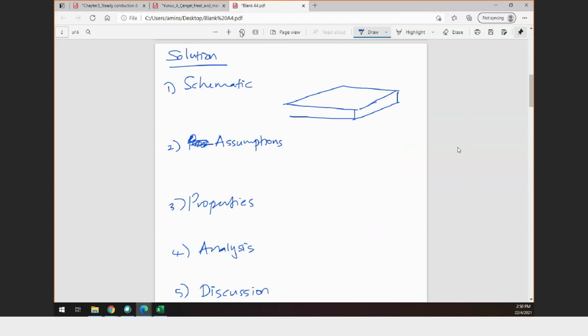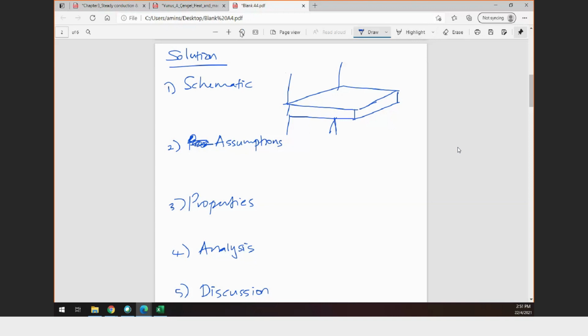Originally, I'm not sure in the exercise, is the figure given? Oh yes, it's given. But normally in an actual case, they do not give you the schematic, you have to draw the schematic. Sorry for my sketching, it is out of control to draw in the digital way, so forgive me for the bad handwriting.